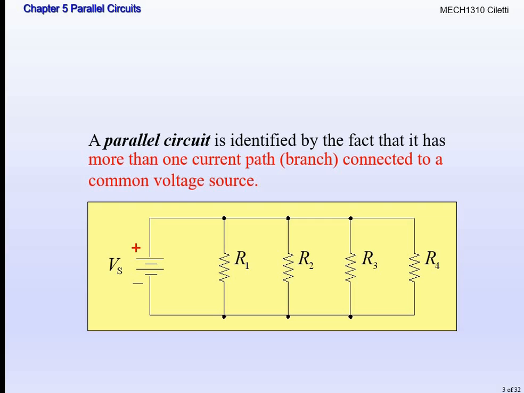Are each one of those currents the same? Not necessarily. Can they be? Yes, if all those resistor values are the same. If the resistor values are not the same, the branch currents will each be different. Does that make sense? If the resistor values aren't the same, the currents won't be the same. But if the resistor values are all the same, the currents will be.